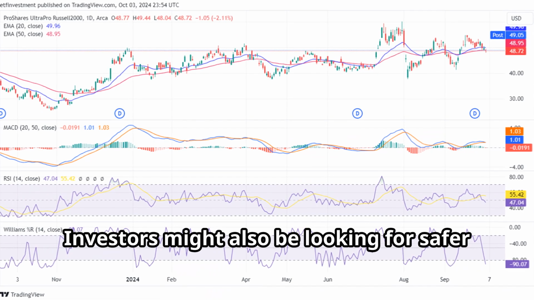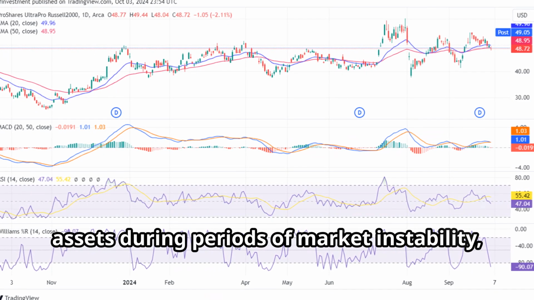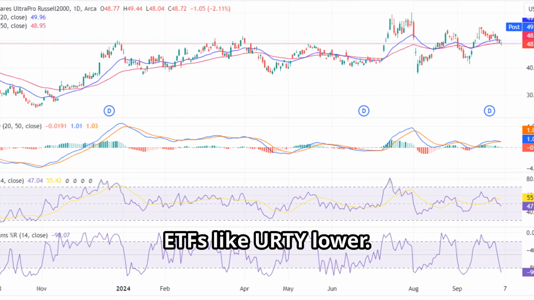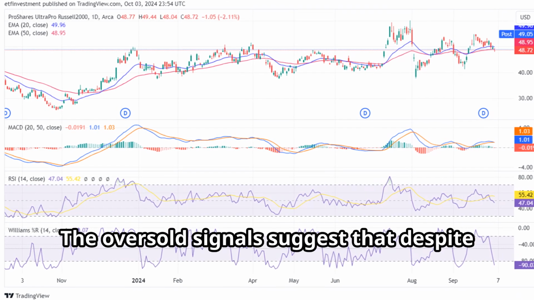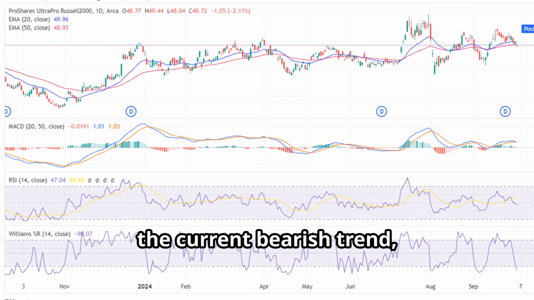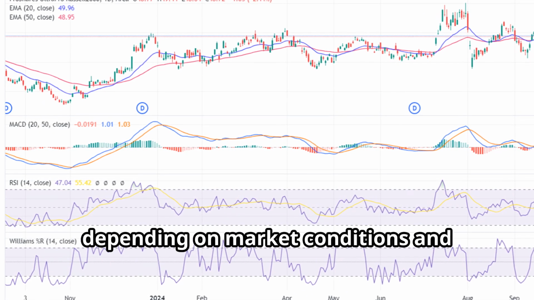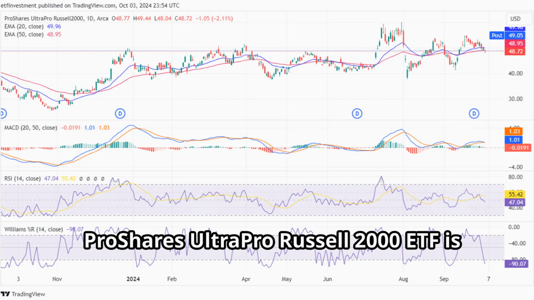Investors might also be looking for safer assets during periods of market instability, which would push the price of small-cap ETFs like URTY lower. The oversold signals suggest that despite the current bearish trend, a reversal could be on the horizon, depending on market conditions and upcoming economic news.